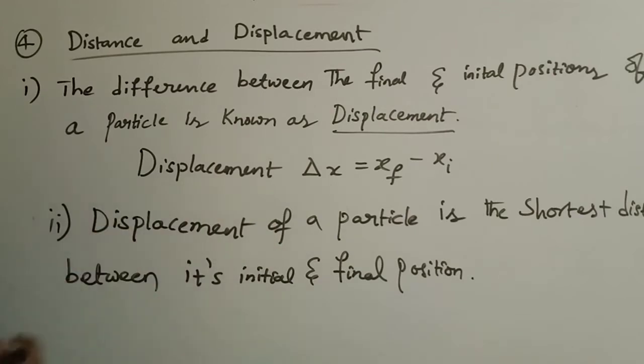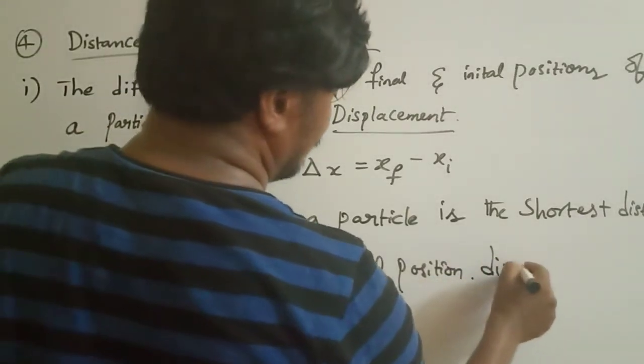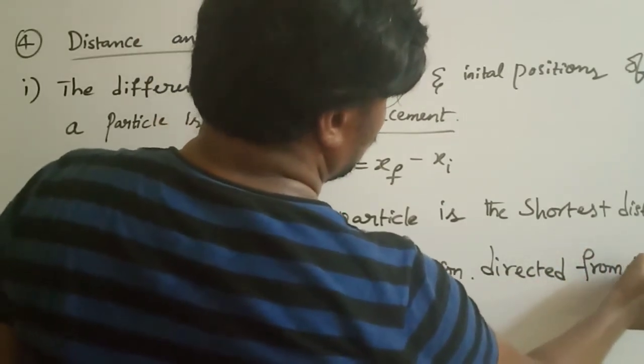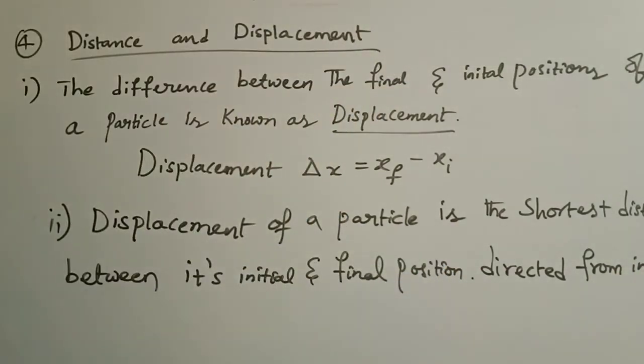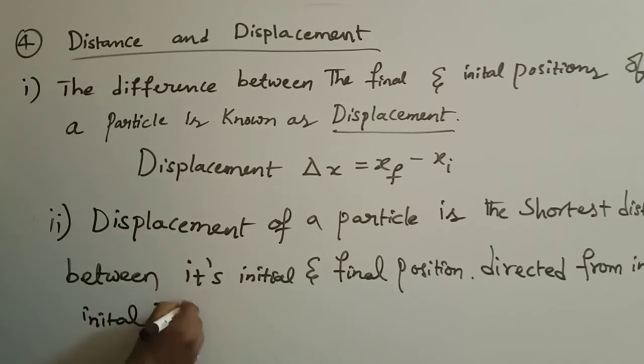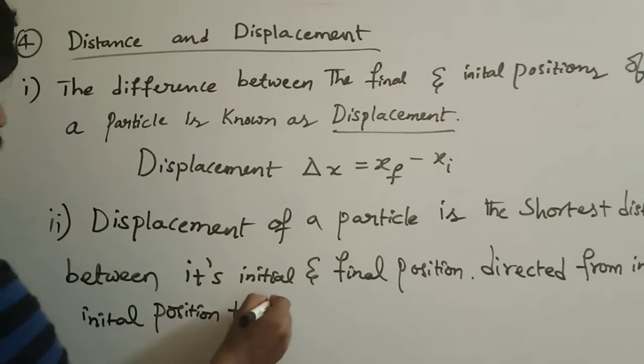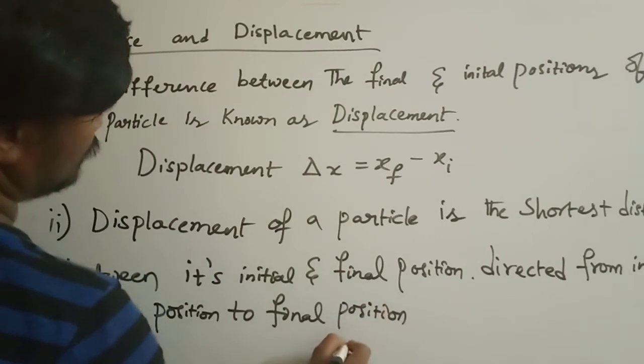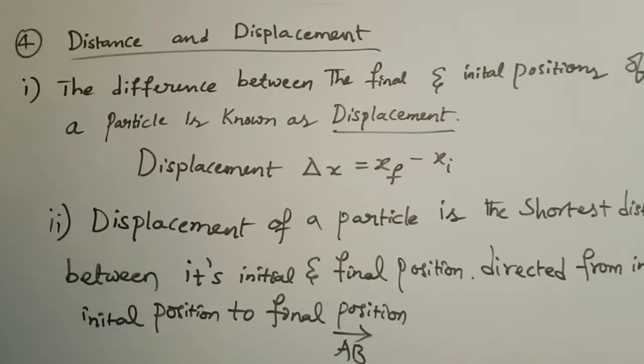That means the direction will be directed from initial position to final position, because it is a vector. So when you show, for example, vector AB, that is nothing but directed from the initial position to the final position.